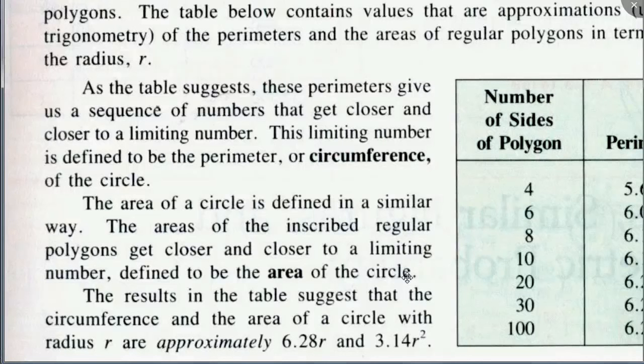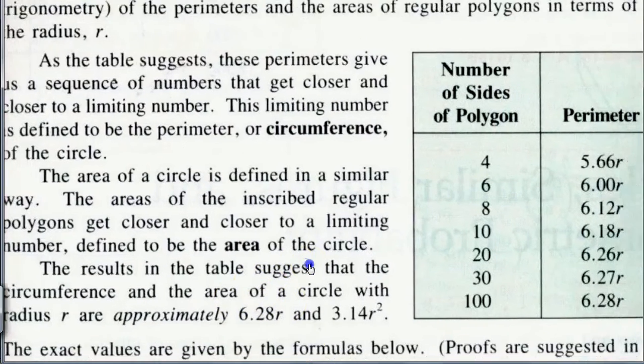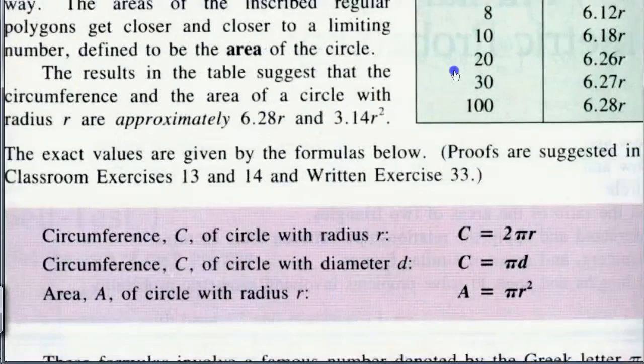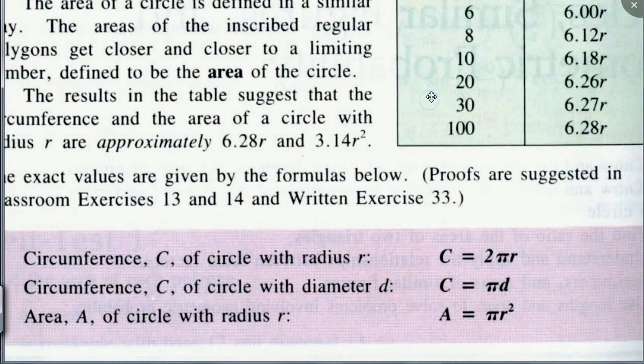Yeah, so the limiting number in this case, they're talking about that whole thing, right? Pi, 2 pi r for the circumference, and for the area, pi r squared. It's not going to be any bigger than this, or any smaller, right? It's going towards that number. So as you increase the number of sides, the circumference of the circle will be 2 pi r, and the area will be pi r squared.